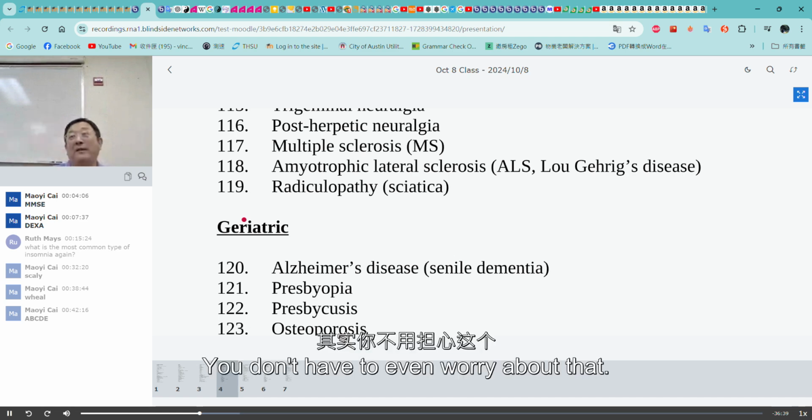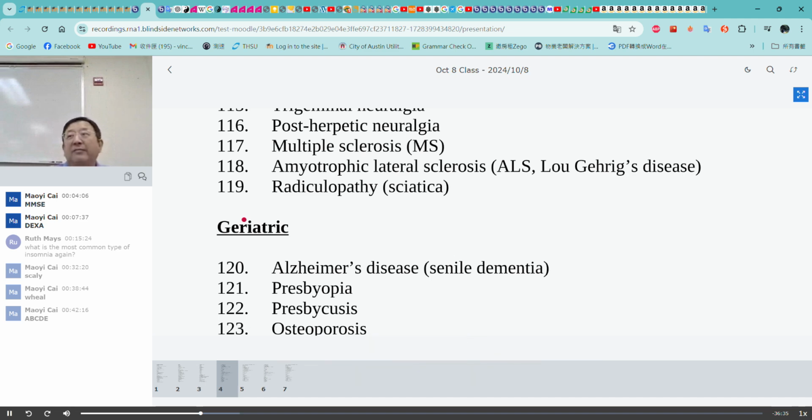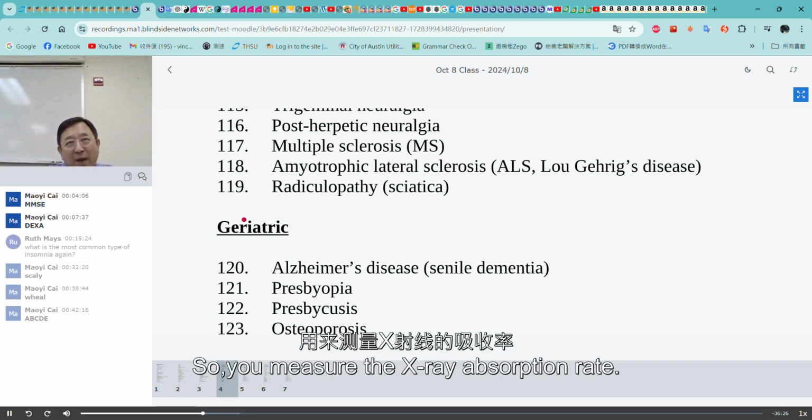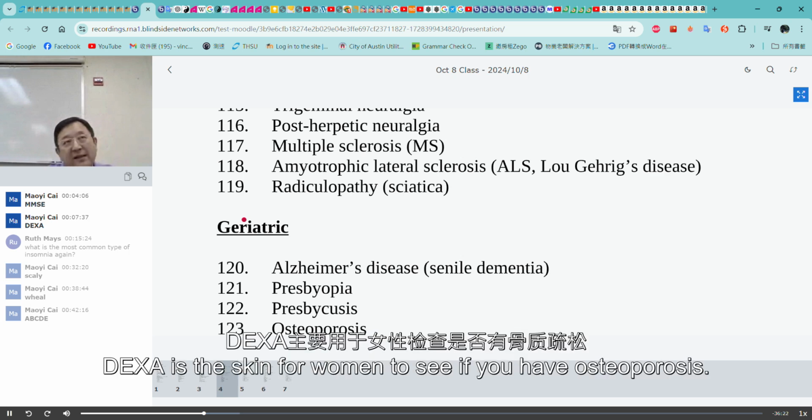They don't ask what DEXA stands for, and you don't have to worry about that because it's a very long name. It's dual energy X-ray absorptiometry. So you measure the X-ray absorption rate. DEXA is a scan for women to see if you have osteoporosis.